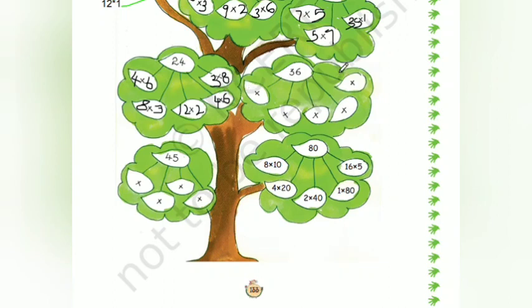Okay, then 36 we have to write. That is 18 times 2, 36. 9 times 4, 36. 12 times 3, 36.